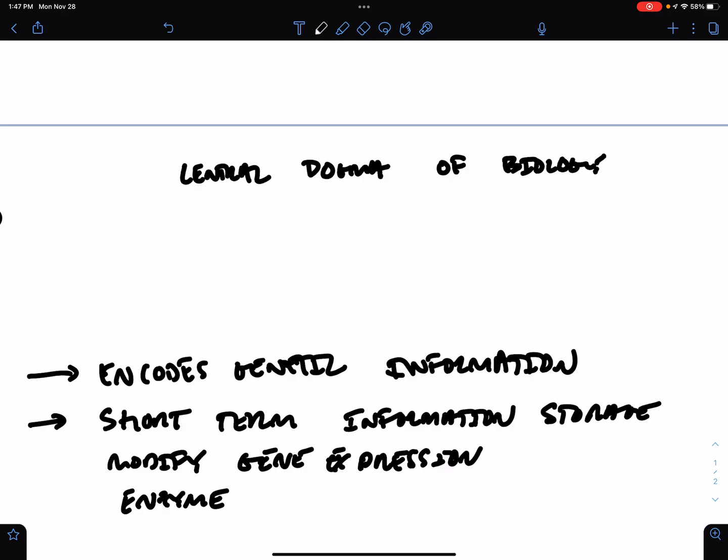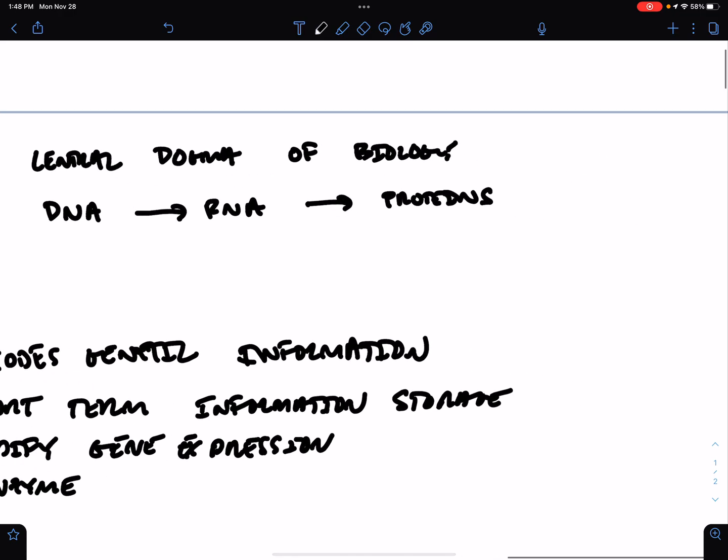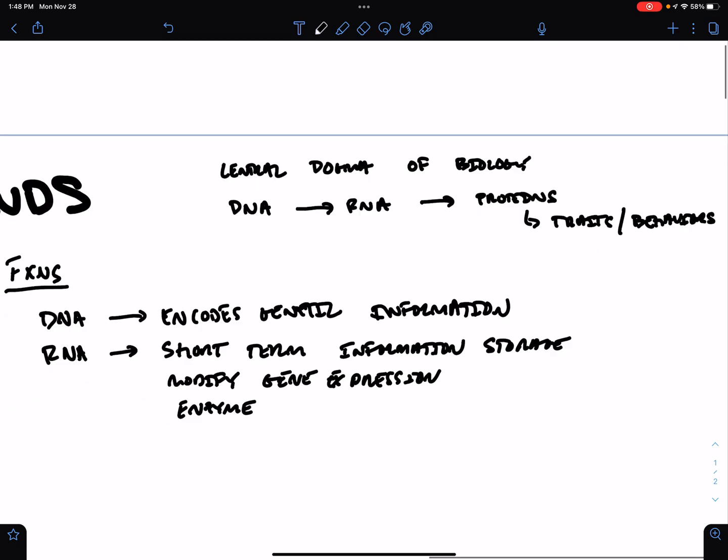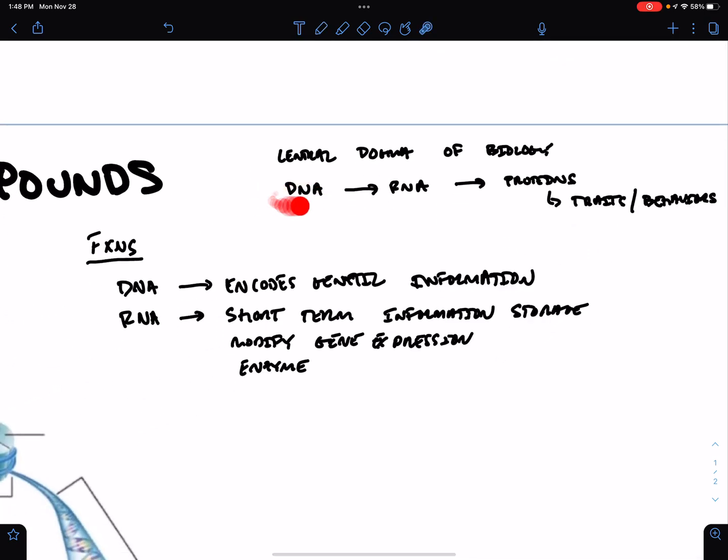It's this idea that information flows from the DNA to the RNA and then to proteins, which lead to the traits and behaviors that we see that are genetically encoded. So DNA is like the long-term storage molecule, and then RNA is kind of the action molecule.